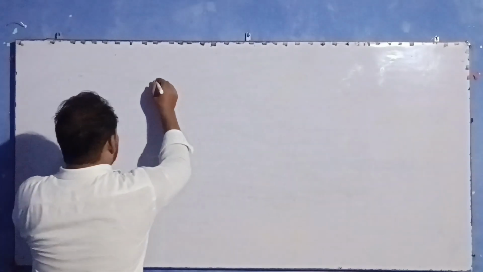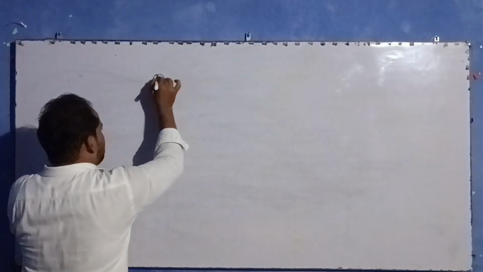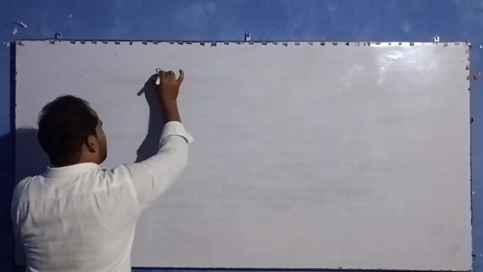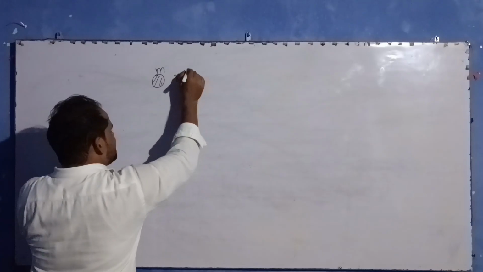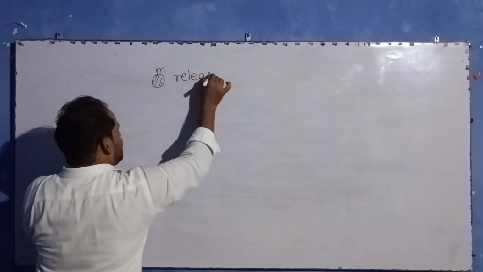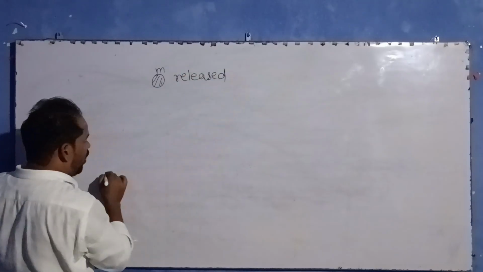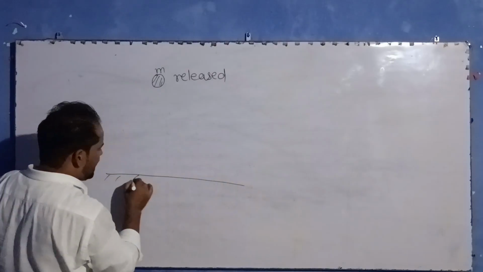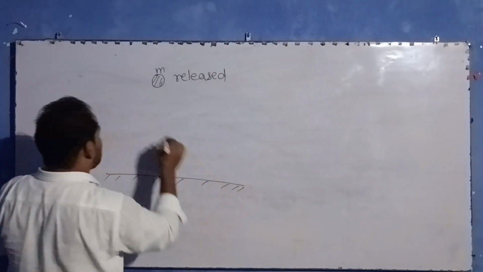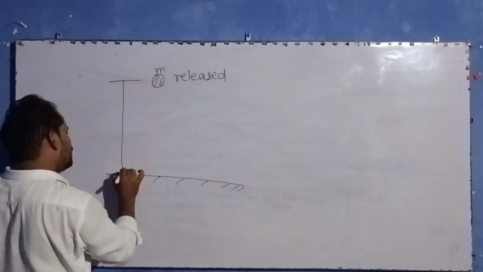So there is a ball of mass m and it is released from height h above the ground.